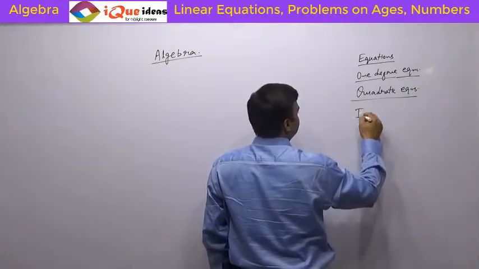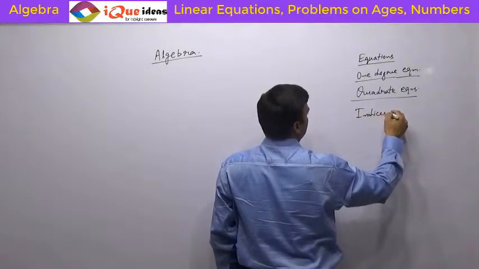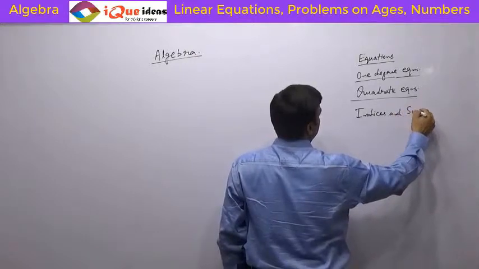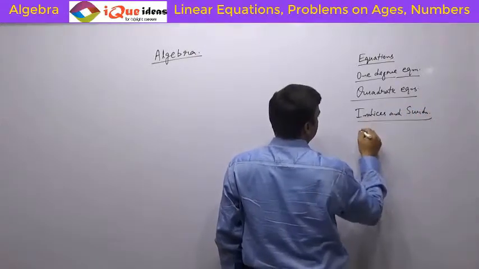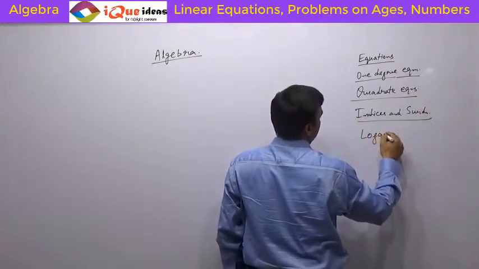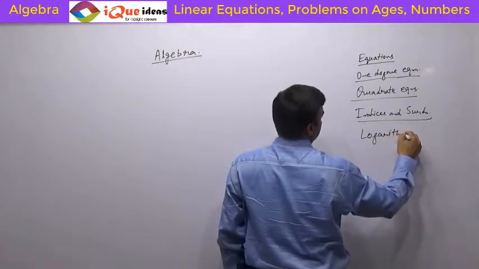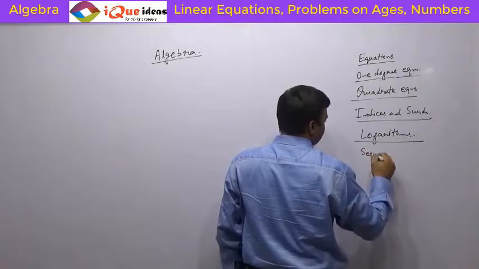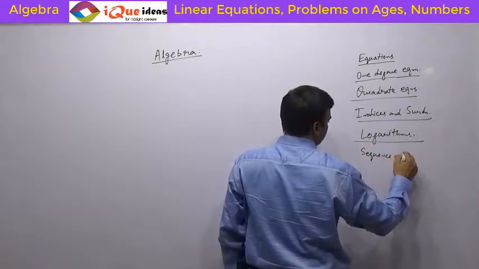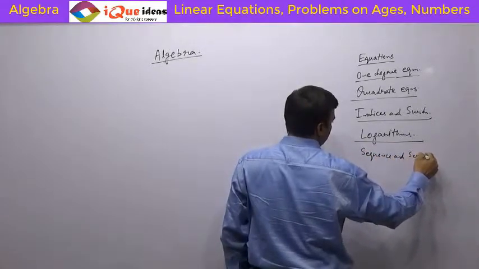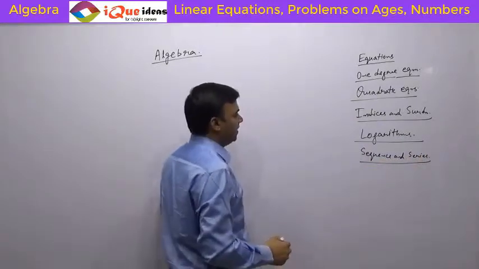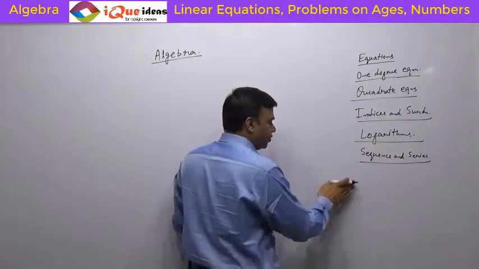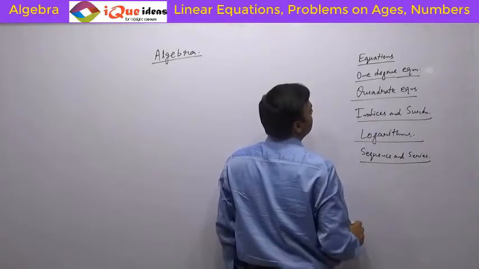Then we have indices and surds. Then we have logs, logarithm. Then we have sequence and series, which will have arithmetic progression, geometric progression and harmonic progression.